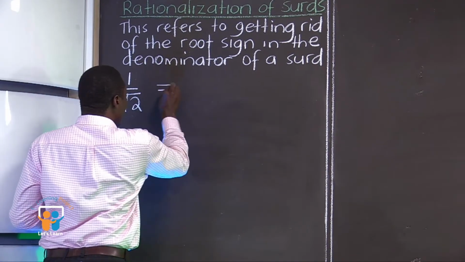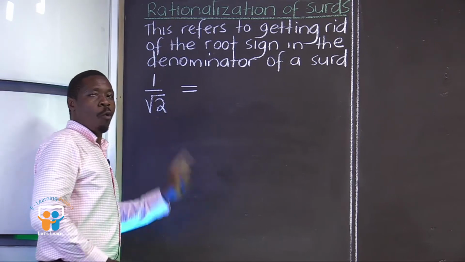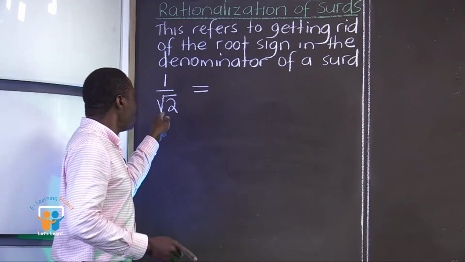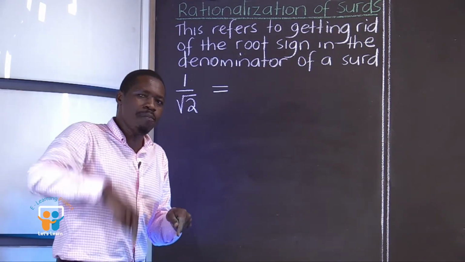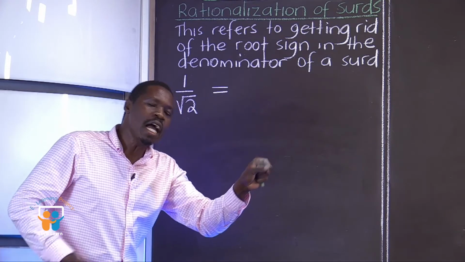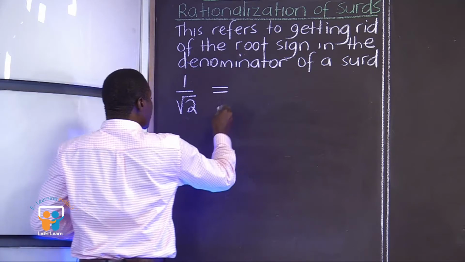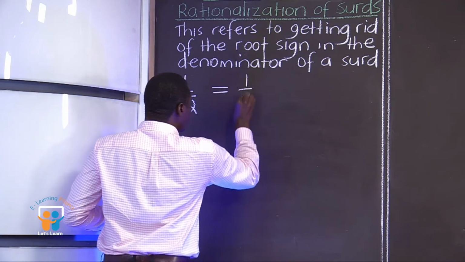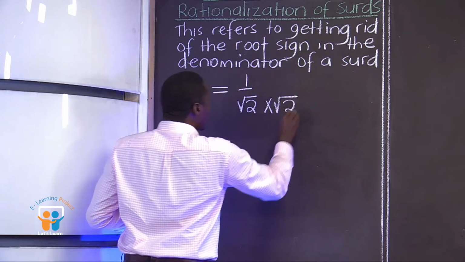I will focus my mind on the denominator, which is a root 2. I'm going to multiply the denominator by itself. The same number I've used to multiply in the denominator, I also multiply the numerator. So 1 over root 2, times root 2 over root 2.